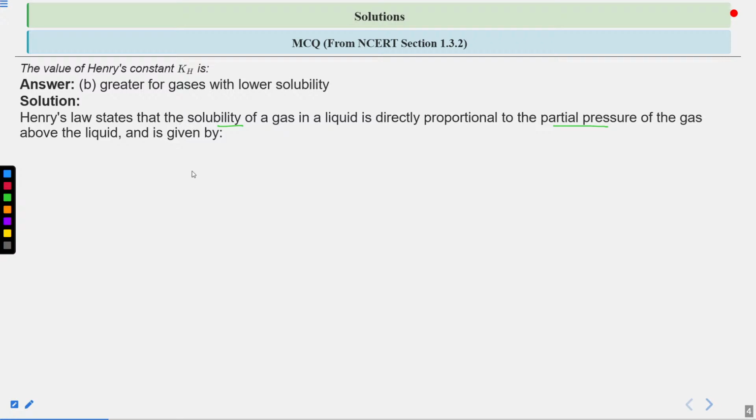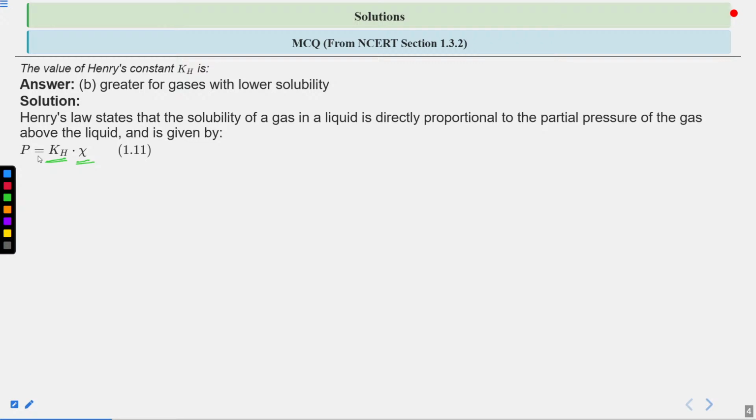This is the basic definition of Henry's law. And the formula for this is given by P equals KH times chi.